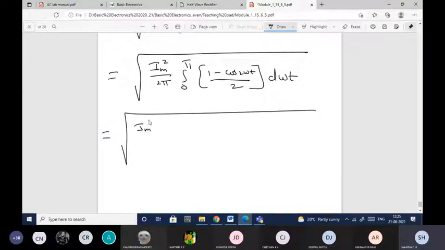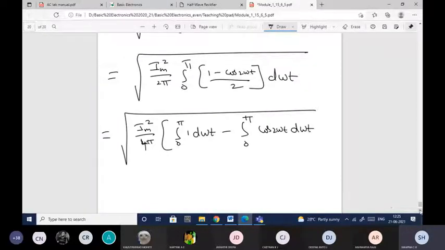Now again we split the terms. So Im square by 2 pi. Split the terms, integral 0 to pi 1 by 2. Okay, or take the 2 outside, so it will become Im square by 4 pi into integral 0 to pi 1 d omega t minus integral 0 to pi cos 2 omega t d omega t.